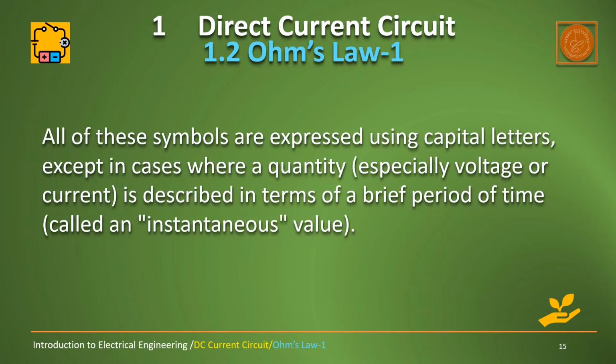All of those symbols are expressed using capital letters, except in cases where a quantity, especially voltage or current, is described in terms of a brief period of time. Call it an instantaneous value.